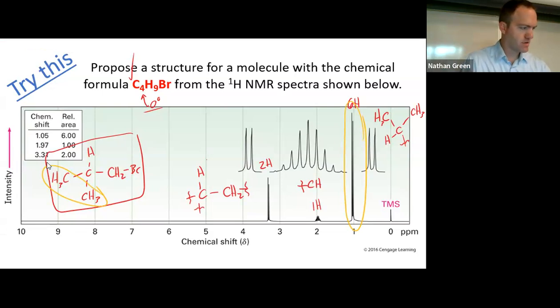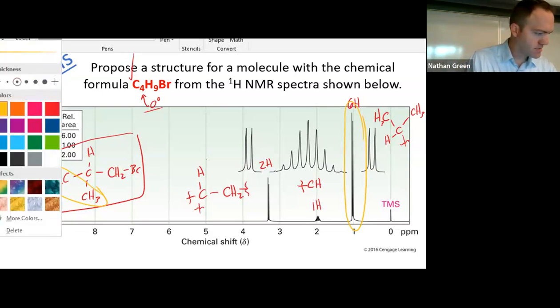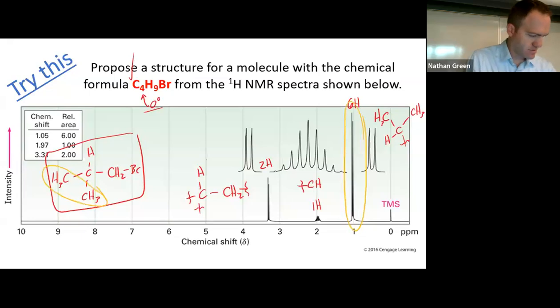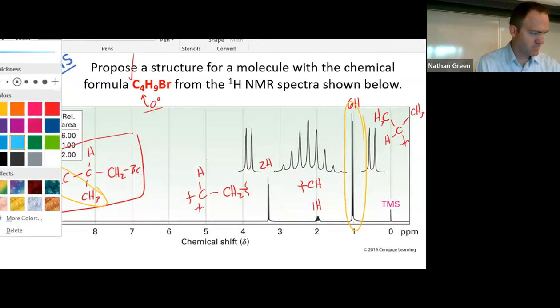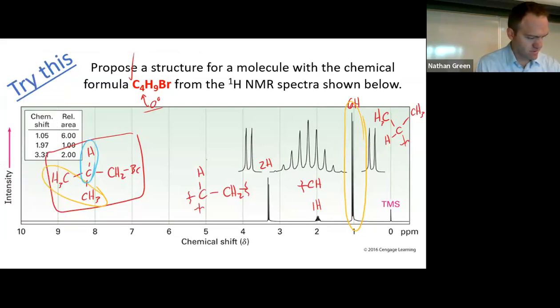The blue signal is a CH that has how many neighbors? Way more than 3. 8.